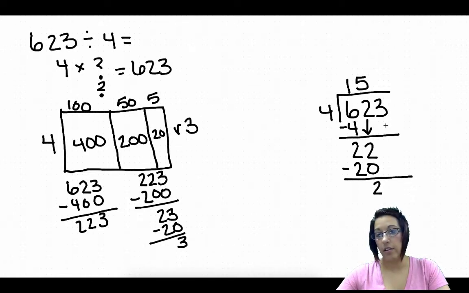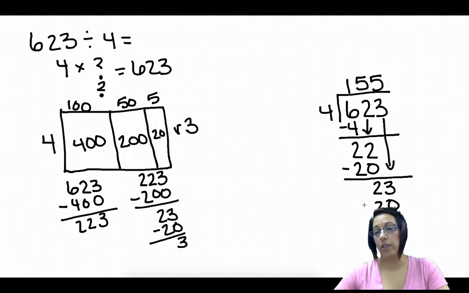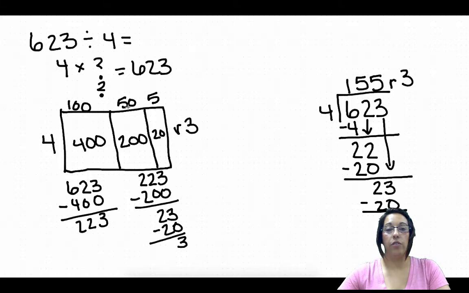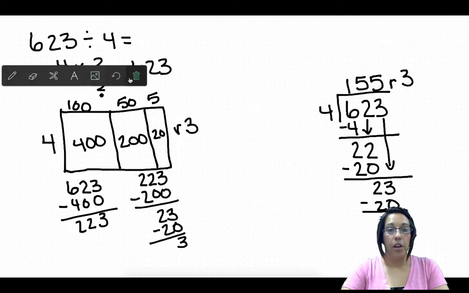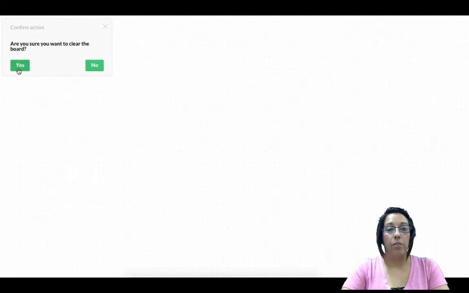Subtract. Bring down. 4 will go into 23 5 times. 5 times 4 is 20. Subtract, and in this case my 3 becomes a remainder, so I get 155, remainder 3. Let's try another example of using the area model strategy for division.